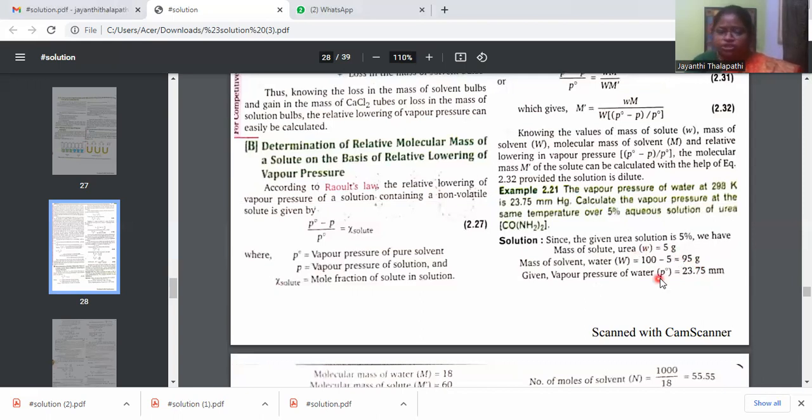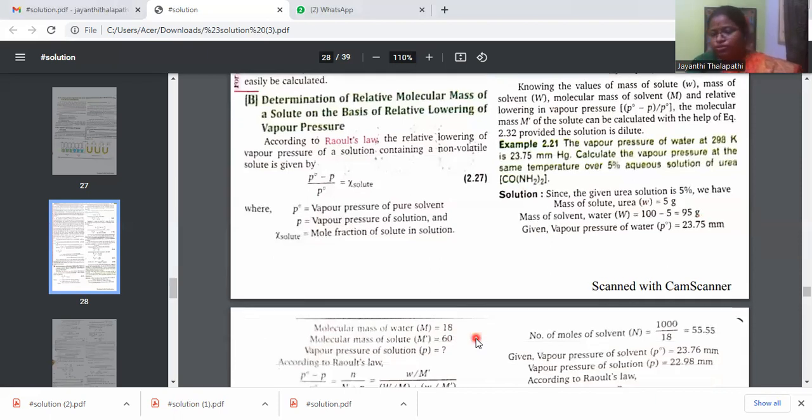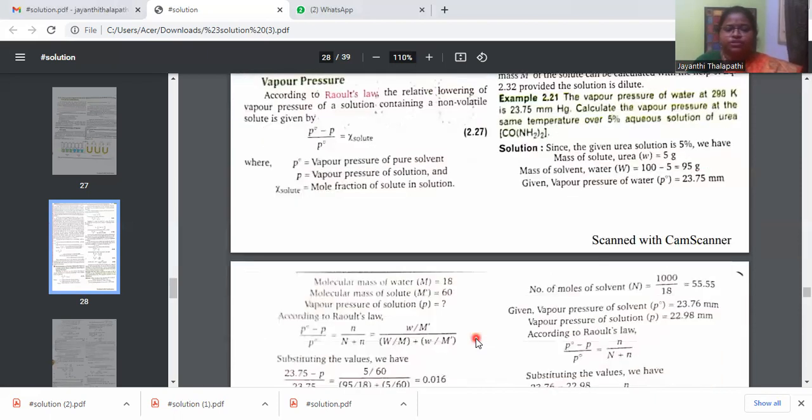So the vapor pressure is also given, 23.75, and the molecular mass of water we can calculate. Molecular mass is 18 since it is H2O. And the molecular mass of the solute, again the formula is given, so you have to find the sum of all the mass numbers, so you'll get 60, right? Now how will you find the vapor pressure of the solution? So now rearrange the formula.